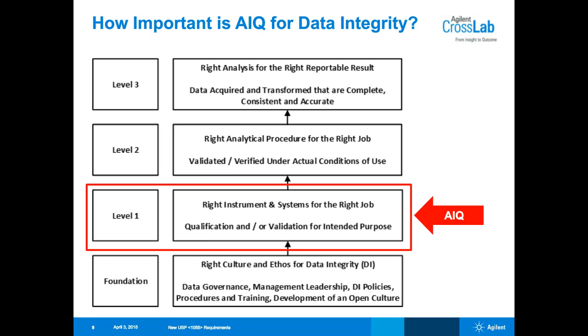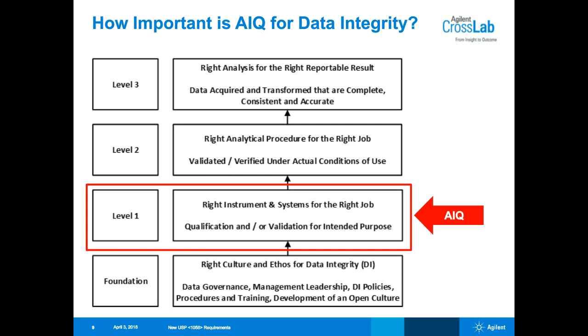But sitting immediately above the foundation layer is analytical instrument qualification and, where appropriate, computer system validation. So level 1, you get the right instrument for the right job. Above that, you get the right analytical procedure for the right job. You have validation and, where appropriate, verification of analytical procedures that are validated for intended use.